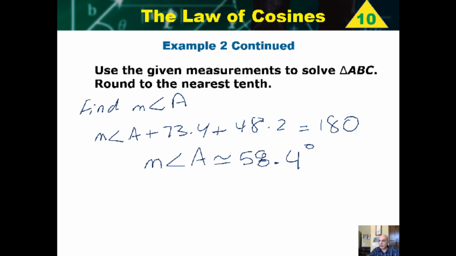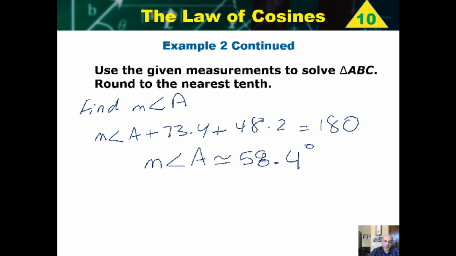So we talked about two things. We talked about the law of cosine when you are given a side, angle, side, and we also talked about the law of cosine when you are given side, side, side. This is different from the law of sine, which has a different sequence of given things, as we've talked about.